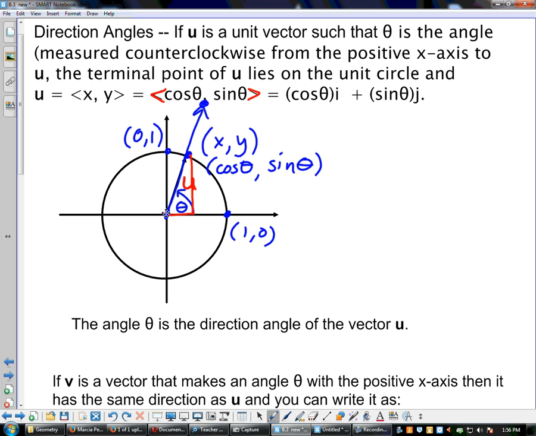I just have to take the magnitude of that vector and multiply it by my unit vector cosine theta, sine theta. So if I took the magnitude of vector v and multiplied that, then I would be describing this vector v that extends past the unit circle.